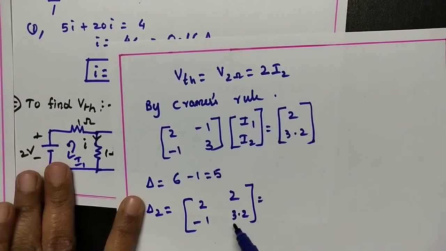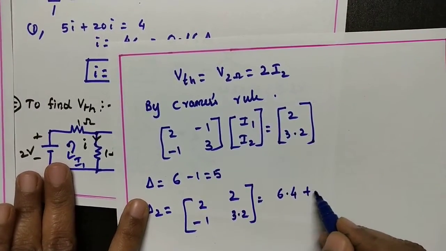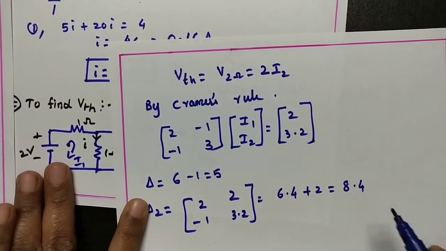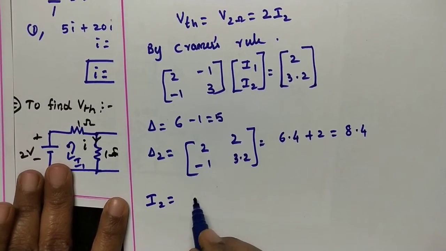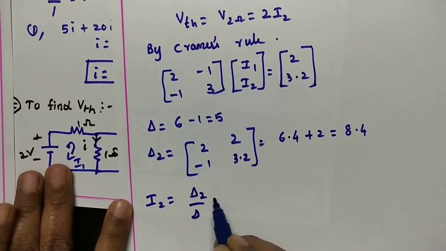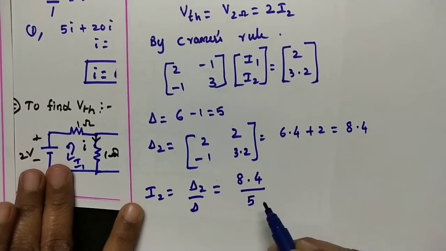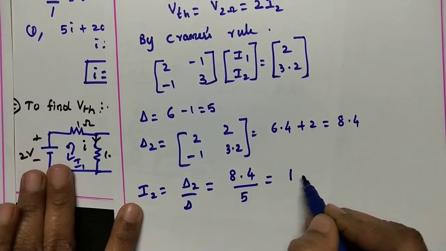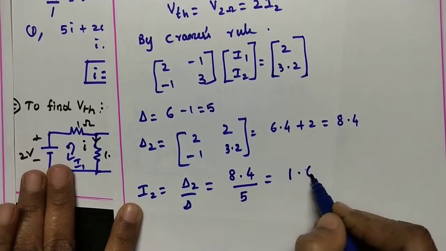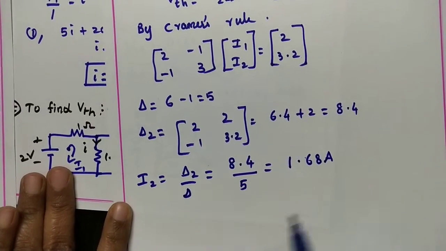So 3.2 into 2, 6.4 plus 2, that is 8.4. So I2 equal to delta 2 by delta, that is equal to 8.4 by 5, which is 1.68. So I2 is 1.68 amps.